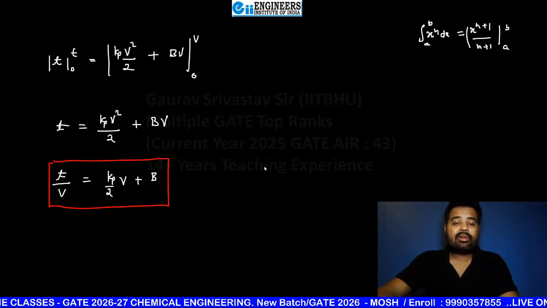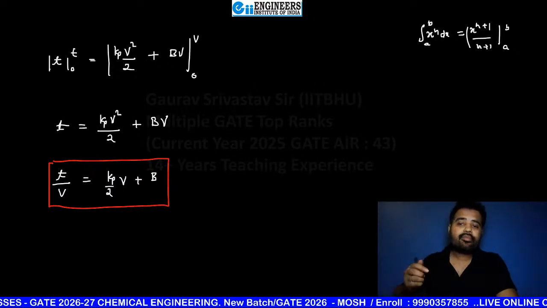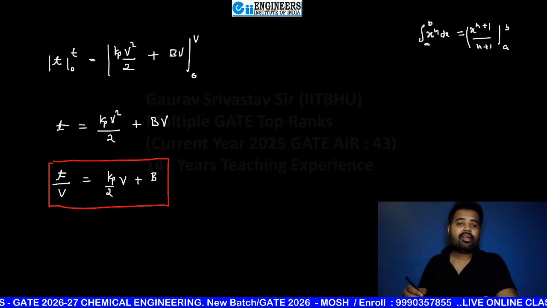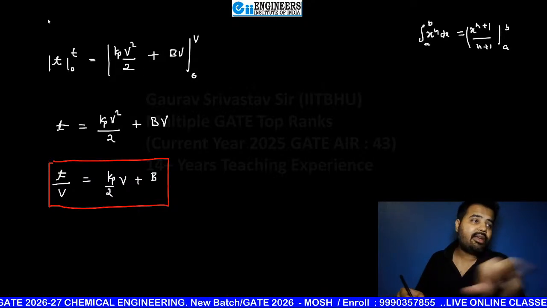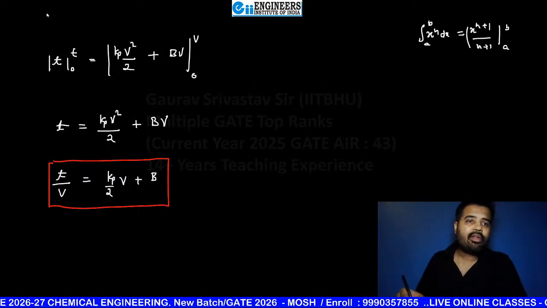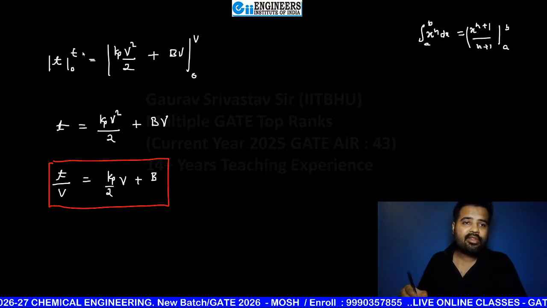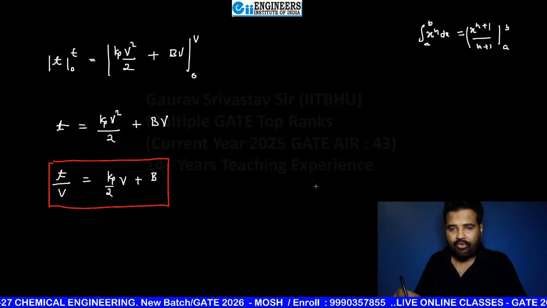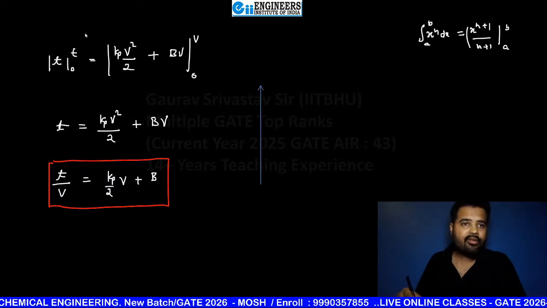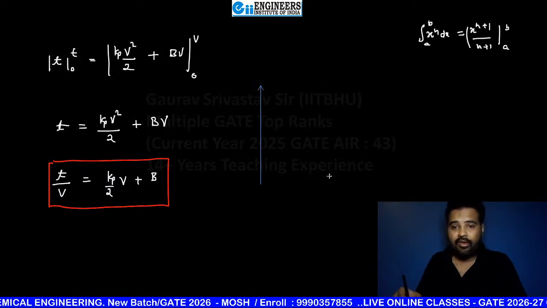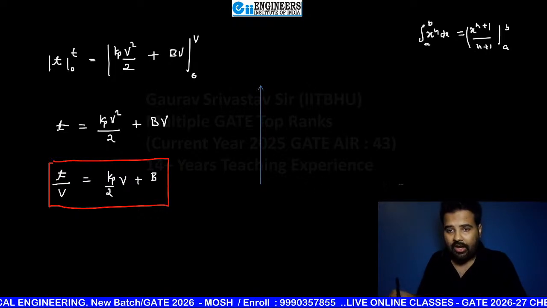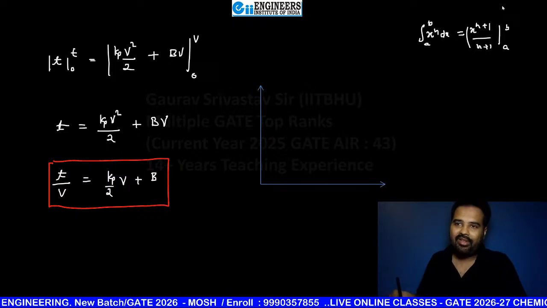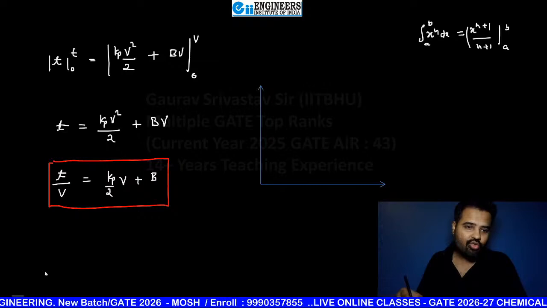So now you can see, beta, it looks like just y is equals to mx plus c. Simple, y is equals to mx plus c. So just, beta, you can draw one beautiful graph here. And sir, questions asked in examination, you will soon see.